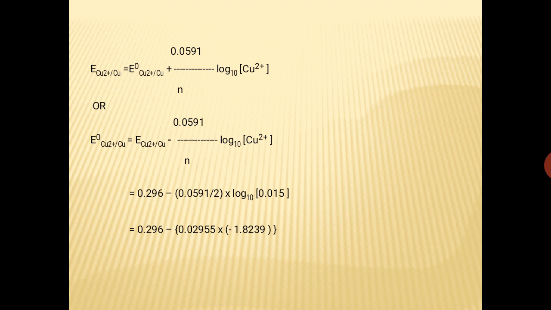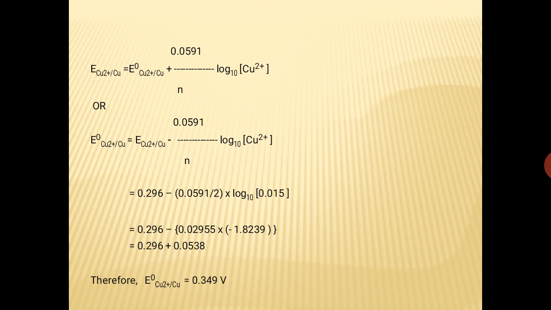Then when we simplify log to the base 10 of 0.015, we get minus 1.8239. So now after simplification we are getting 0.296 plus 0.0538. Now ultimately our answer is E0 Cu2+|Cu value is equal to 0.349 volts.